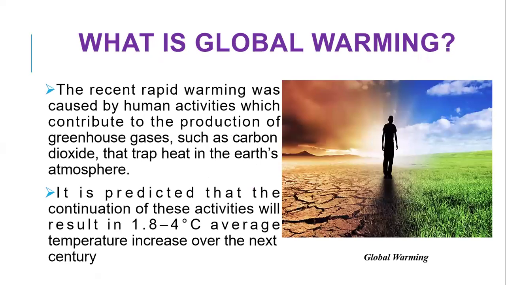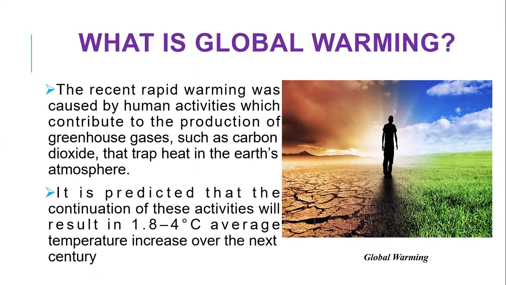The recent rapid warming was caused, and is still caused, by various human activities, such as industries, which contribute to the production of greenhouse gases. These human activities are the recent causes of rapid global warming.